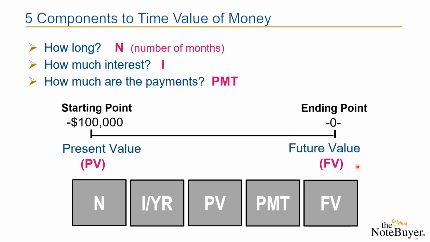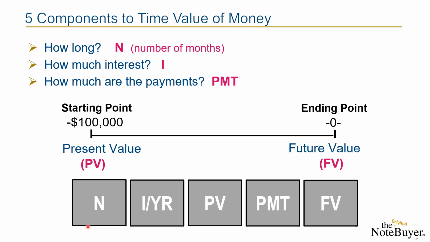And if it's fully amortizing, it means just a portion is paid each month until at the end, nothing is owed. Fully amortized means that at the end of the loan, the balance is 0. So here we have 0 and that is the future value. So present value is the starting point, future value is the ending point.